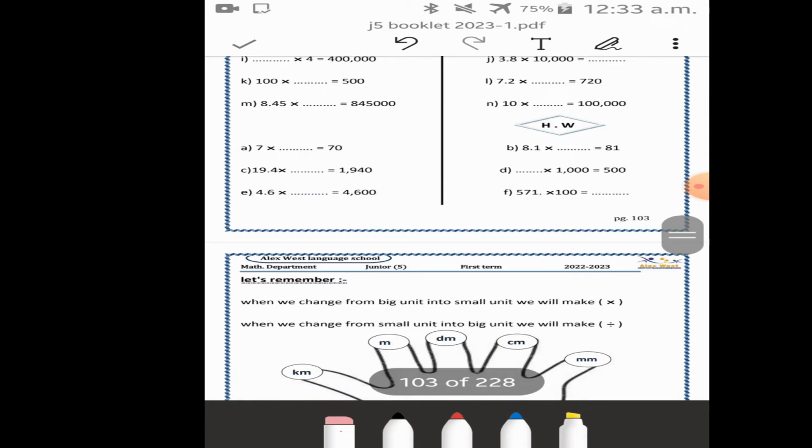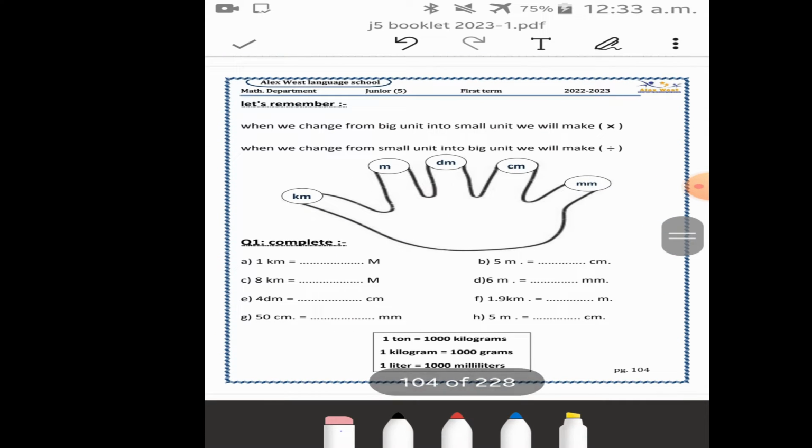We took another point here. If we want to change from one unit of length to another unit, we have to multiply or divide.